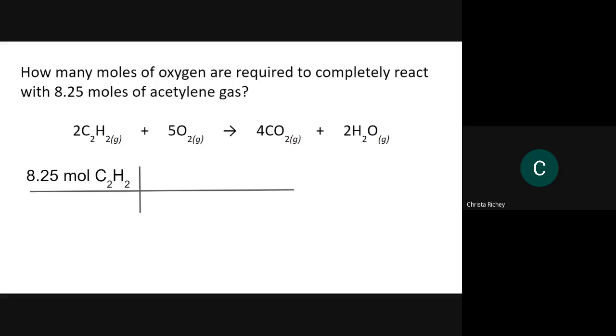In this case, moles of the C2H2, which is acetylene gas, needs to go down. Do not leave off the compound. Don't just put moles, don't just put grams, don't just put liters. Make sure you're including the substance.